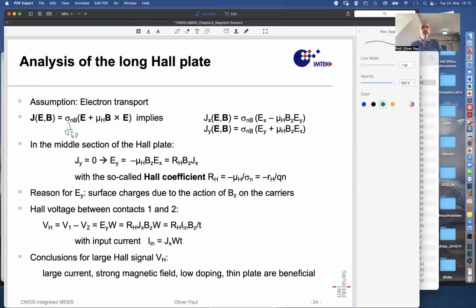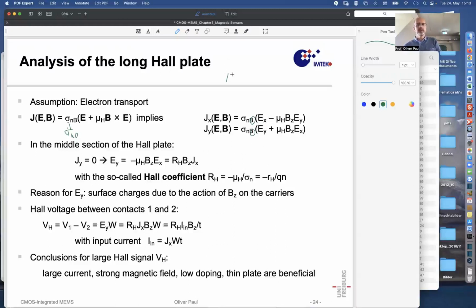So if I write this vector equation in terms of components, then my Jx is equal to sigma n0 times Ex plus the X component of this cross product, for E lying in the XY plane.